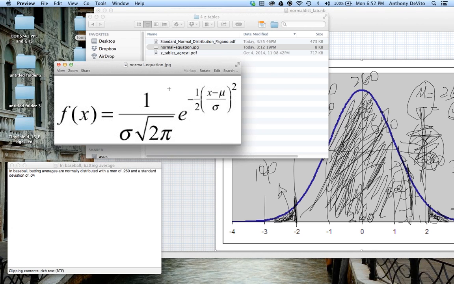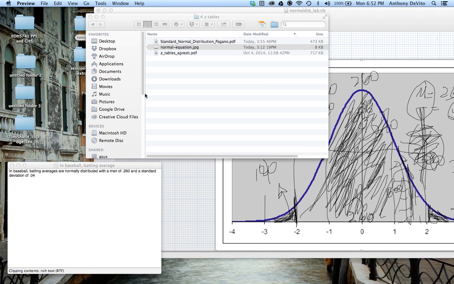If you know what the x-axis is, in other words where the value x is on the x-axis, you can use this to calculate the y-axis, the height of the curve, f of x. Okay, since you can do that, you can calculate all these areas. Yes? Is that e raised to the whole thing? Yes. So we can use that formula.